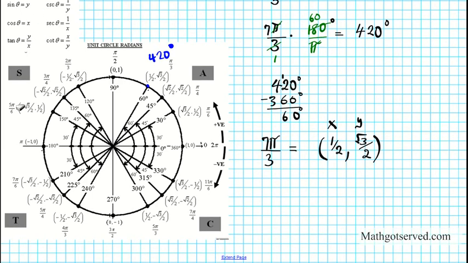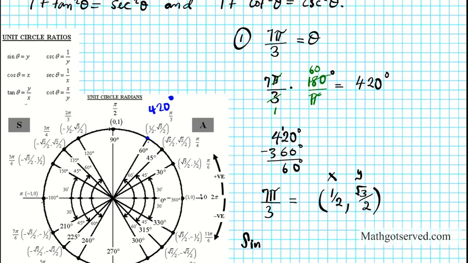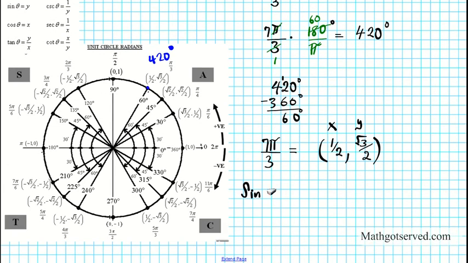Okay? So sine theta is y. So sine theta, remember we stated earlier that theta is 7 pi over 3, so sine of 7 pi over 3 is equal to y, and y is this y coordinate right here, root 3 over 2.